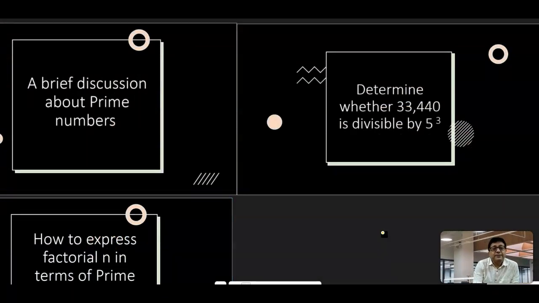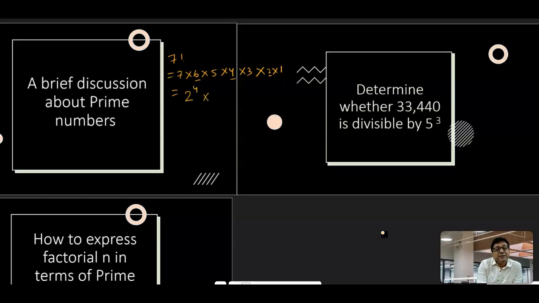Let us make one experiment with factorial 7. Factorial 7 is 7, 6, 5, 4, 3, 2, 1. This 6 is 2 into 3. Here also 2 into 2, 2. So how many 2's are there? 2 is occurring 1, 2, 3, 4, so 4 times.